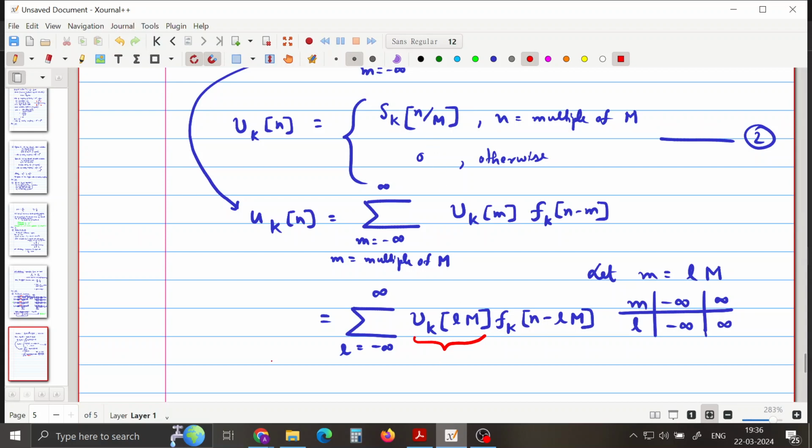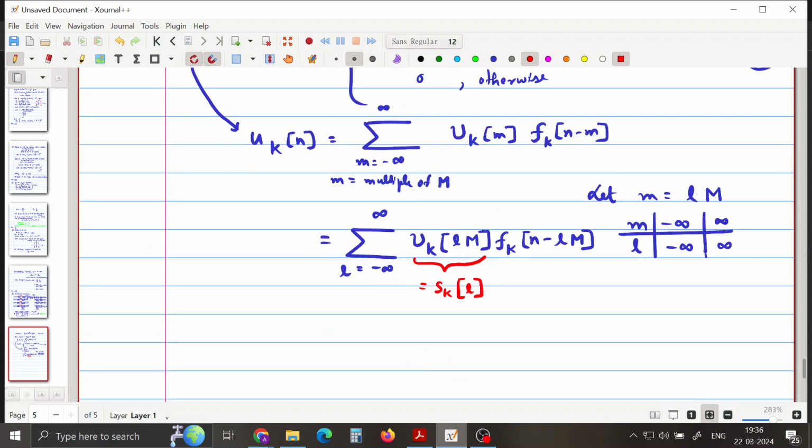So this can be written as sk of lM by M, which is sk of l, correct? Just by the definition of equation 2 I'm writing this. So this gives you summation l running from minus infinity to infinity. I guess all this derivation will brush up your previous lecture concepts.